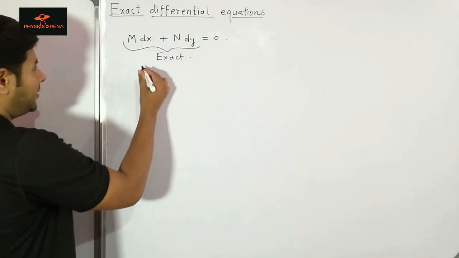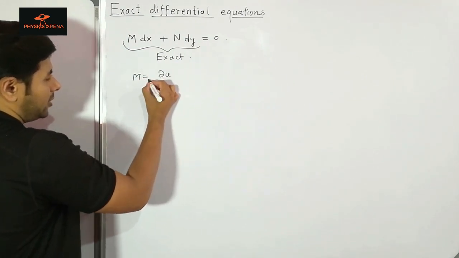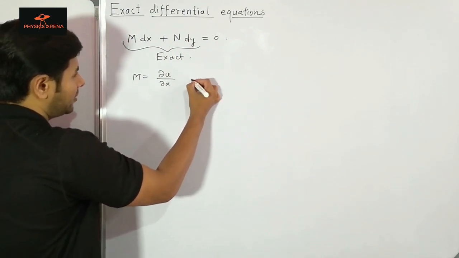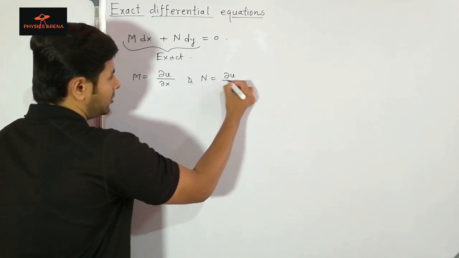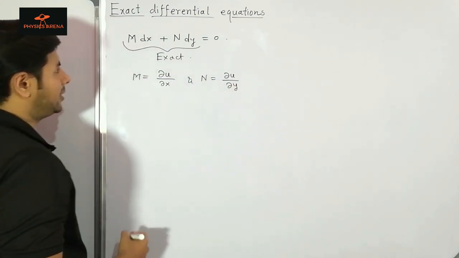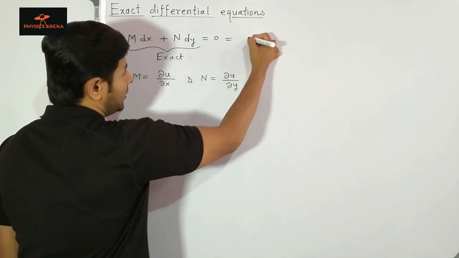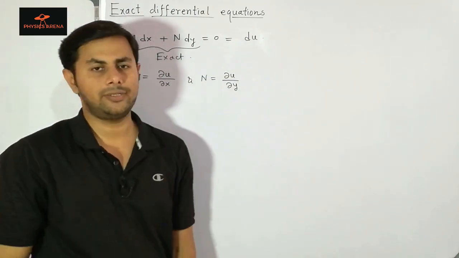It means that m equals the partial derivative of some u with respect to x, and n equals the partial derivative of u with respect to y, and therefore this differential equation equals the complete differential of that u, which is a function of x and y.